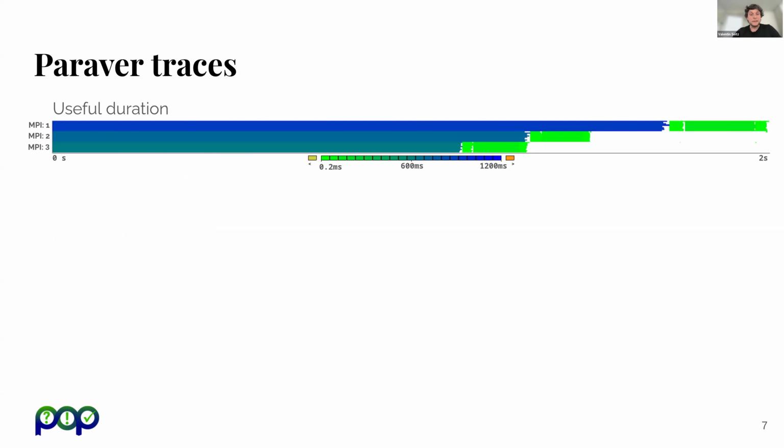Before I show you the traces that I got, and we analyze them in depth, we first need to understand what a Paraver trace is, because we will have a look at them in a second. On the y-axis, you can see the objects, which I labeled MPI process 1, MPI process 2, MPI process 3.